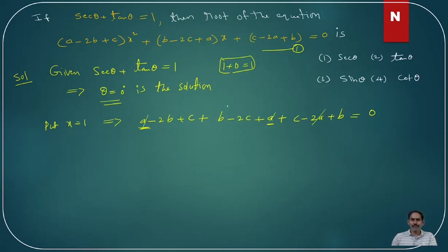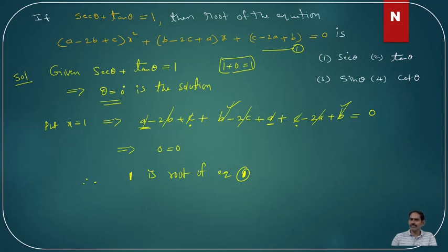Similarly, in this b, 2b minus 2b cancels. Next, here c, 2c minus 2c gets cancelled. That implies 0 equals 0. Therefore, 1 is a root of equation 1.